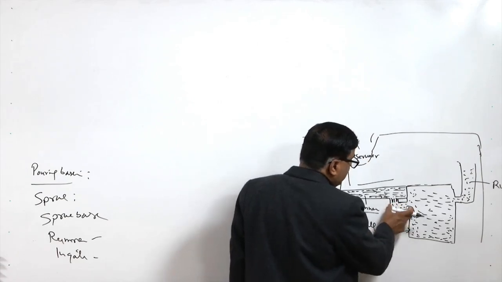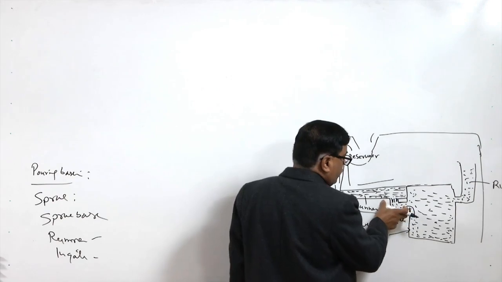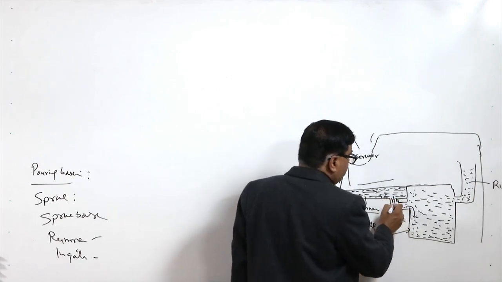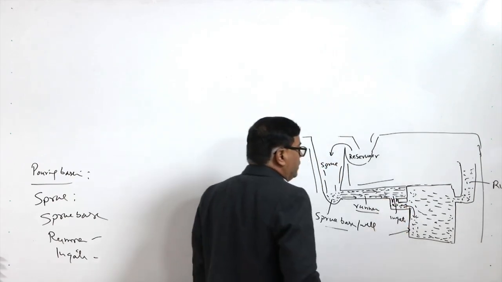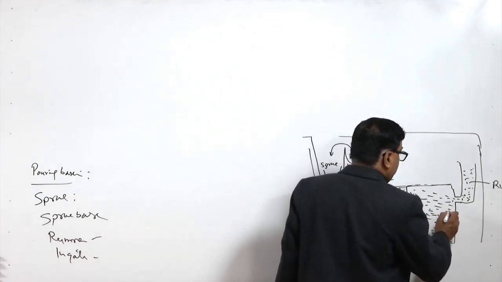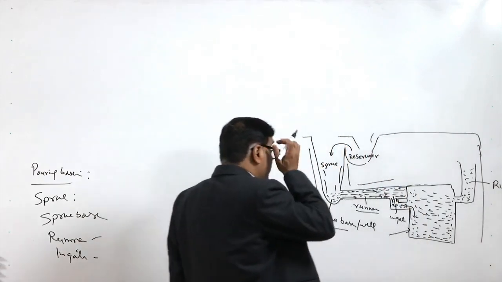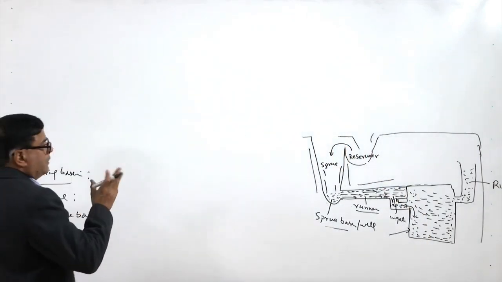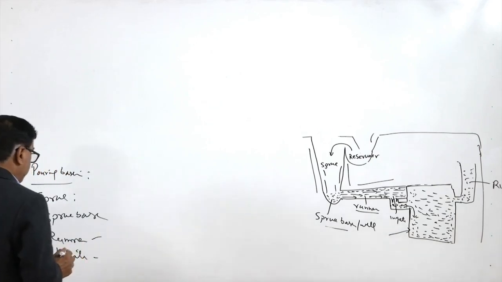So, the ingate is cut into the drag side, so that the cleaner molten metal goes into the mold cavity, and the mold cavity is filled in the minimum possible time through proper design.